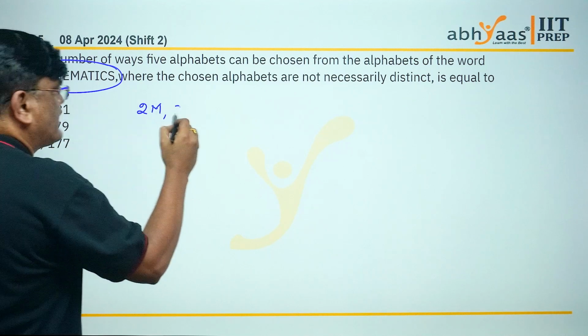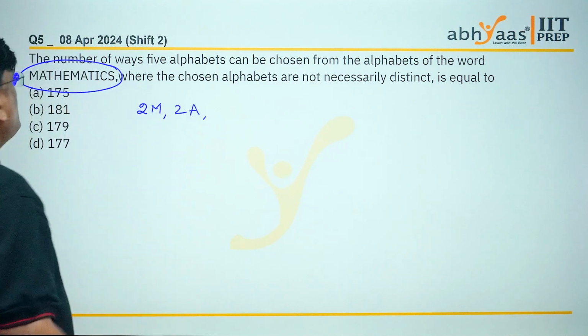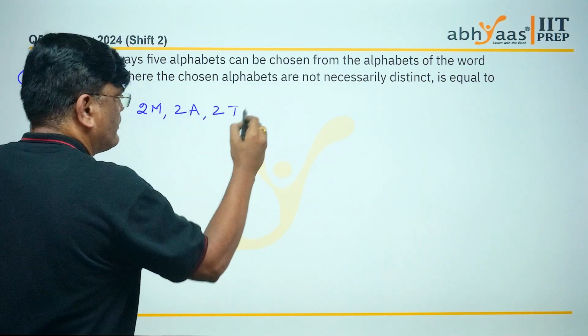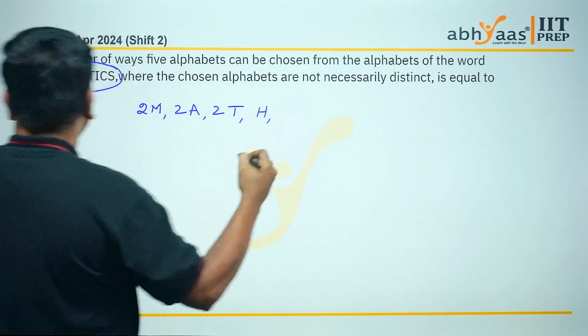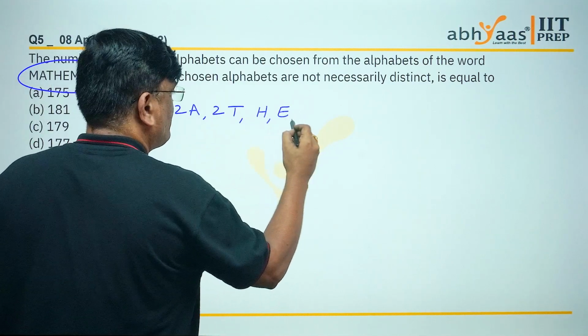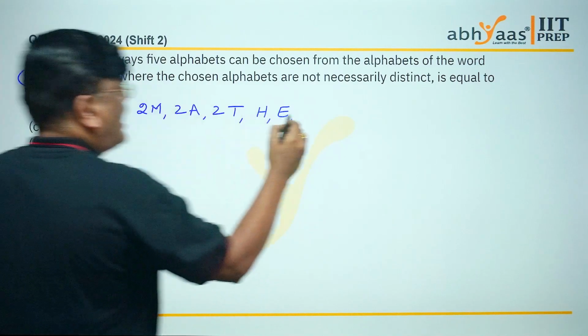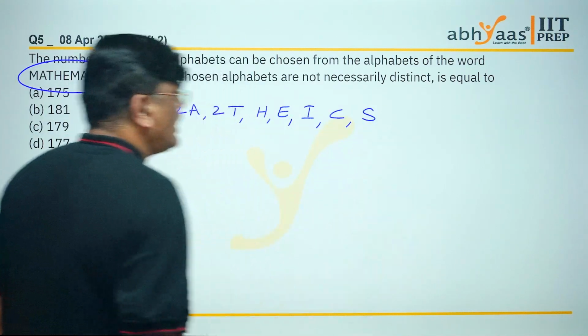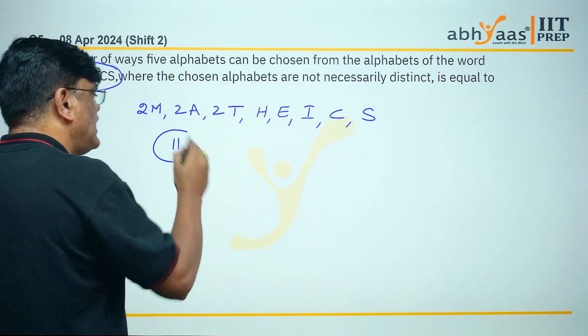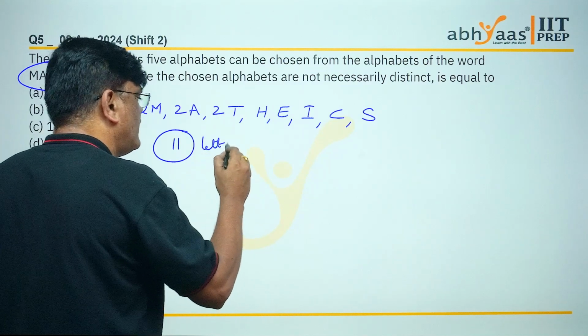Next 2 a's. Next 2 t's. Next h, 1 h only. h, e, i, c, s. In total, how many letters does it contain? 11 letters are there in the given word.